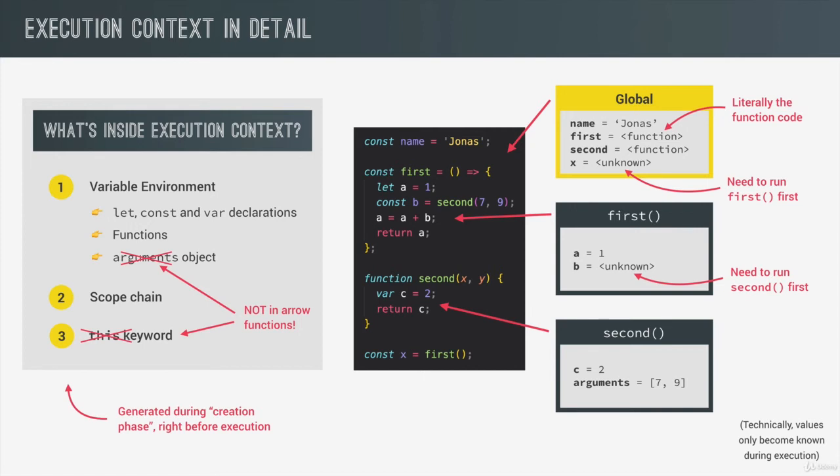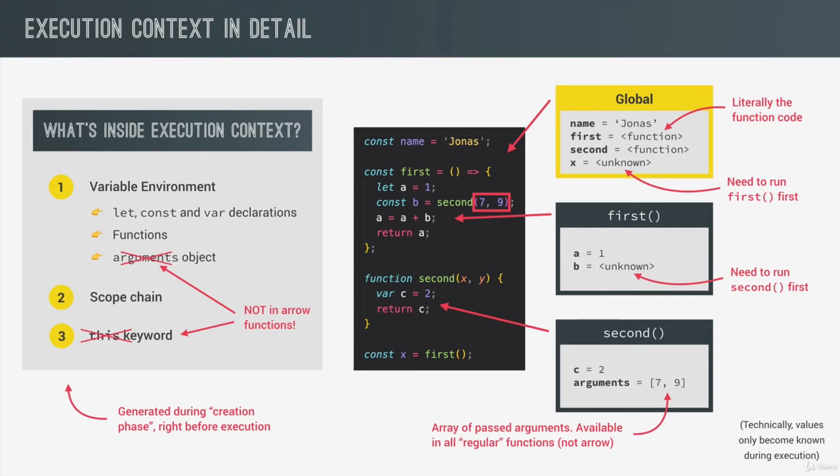And this object is an array which contains all the arguments that were passed into the function when it was called. In this case, as you can see, that's 7 and 9. Quite simple, right? Well, it's simple because this is an extremely small amount of code.